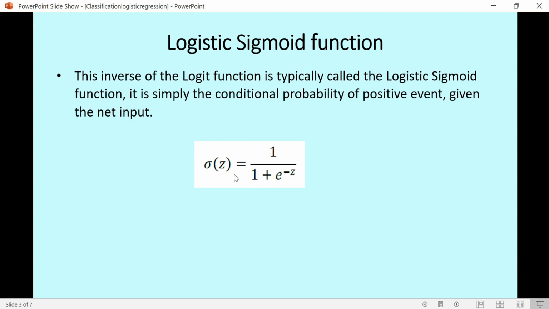For each observation, a different net input gives a different probability of the positive event. This form is the inverse of the logit form. This is the logistic sigmoid function, usually called the sigmoid function.